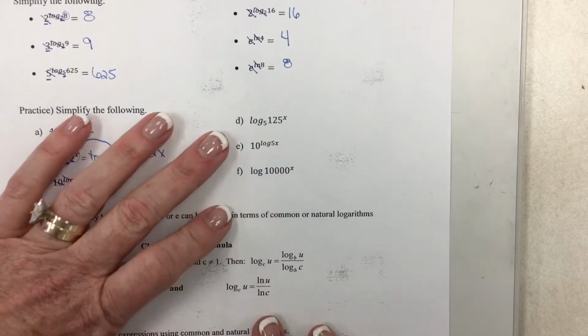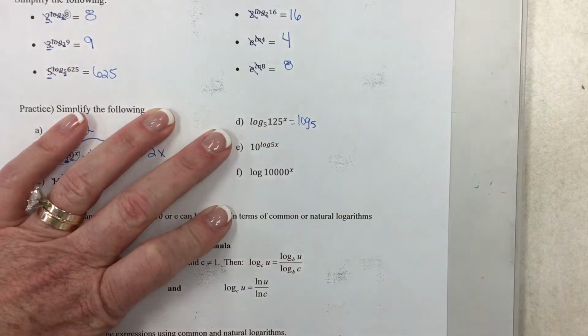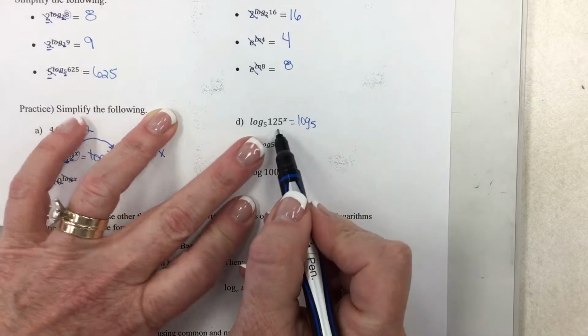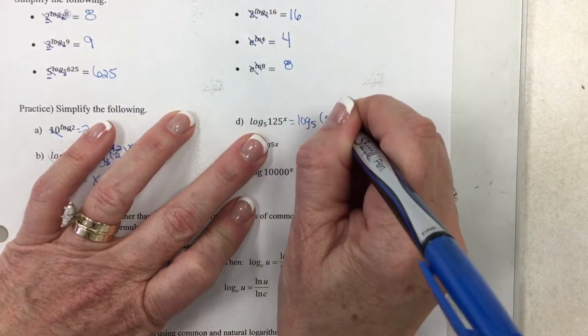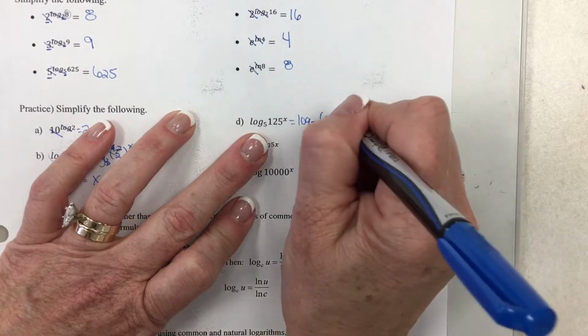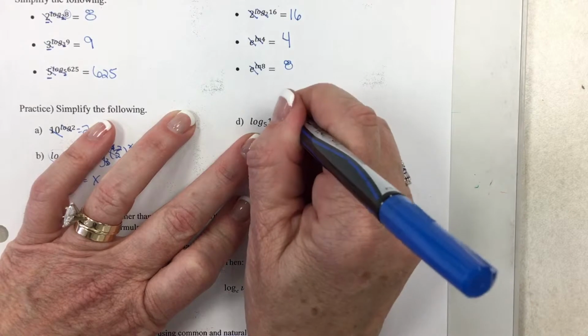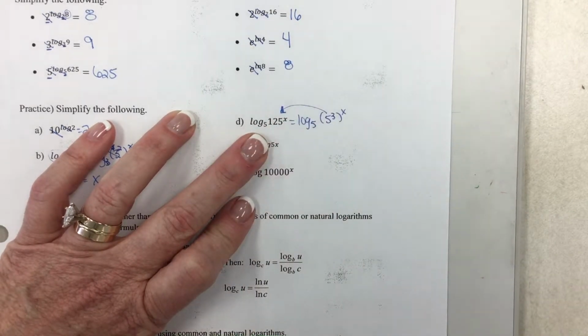Okay, D. I have log base 5. Can 125 be rewritten as something raised to the what power? 3rd power, because 5 cubed is 125.